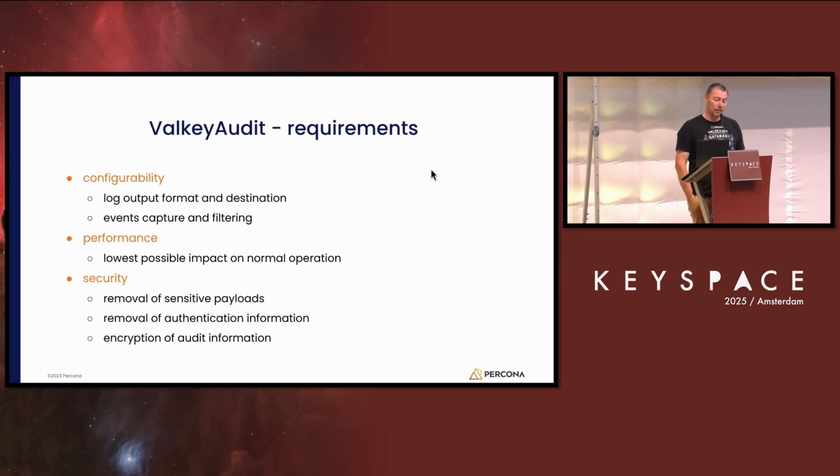So, you may want to, let's say, exclude normal operation, right? You're interested in unusual behavior that happens on your Valkey server in terms of commands or in terms of authentications, but normal operations, your hundred thousands of gets and sets, you may want to just filter those out and not audit them because you can generate a lot of audit information very quickly.